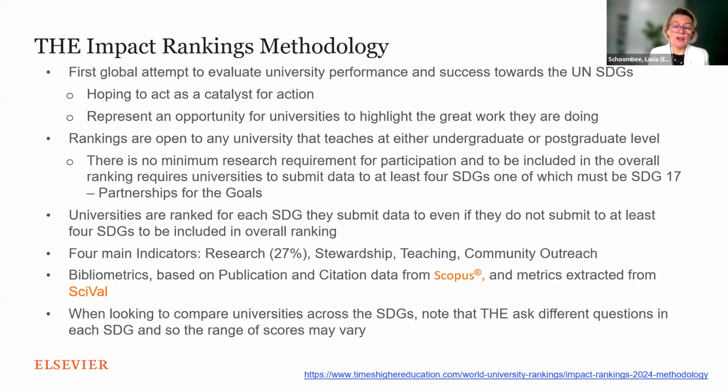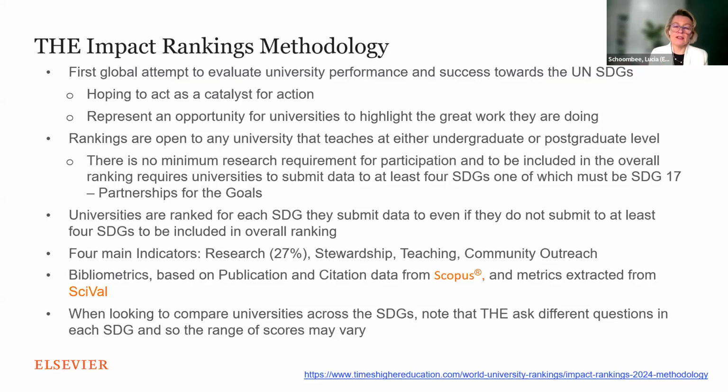In terms of the research component, the bibliometrics are based on publication count and citation data. This is from Scopus because this is the underlying raw data set, but also from SciVal in terms of some of the metrics.